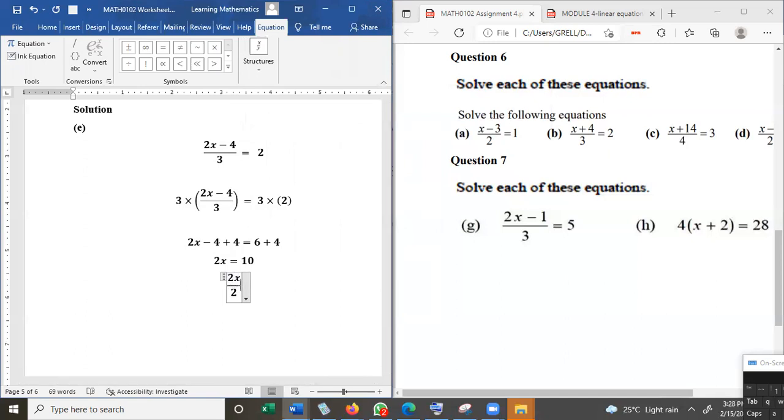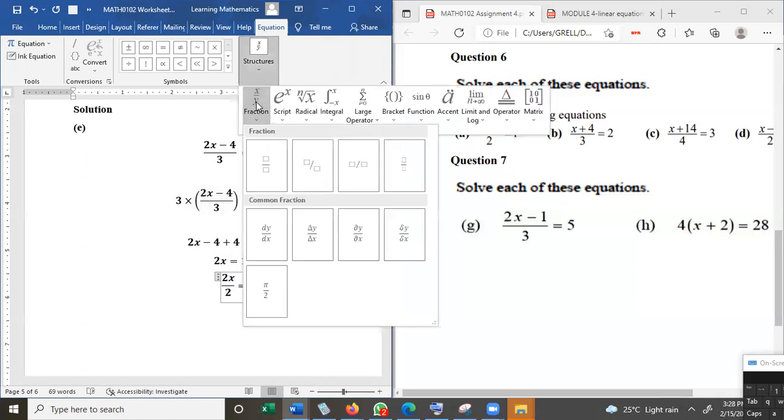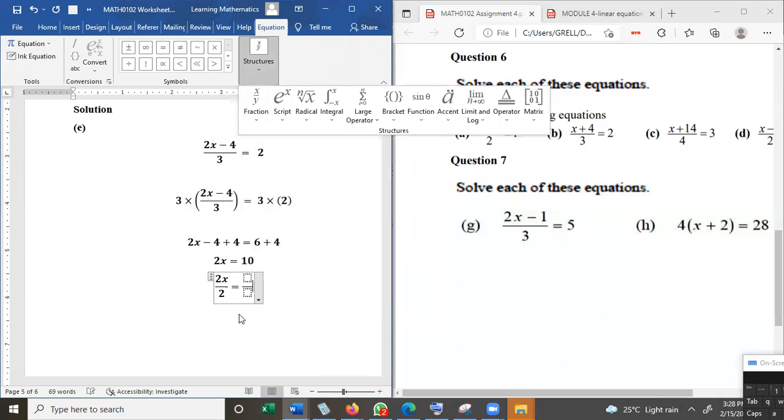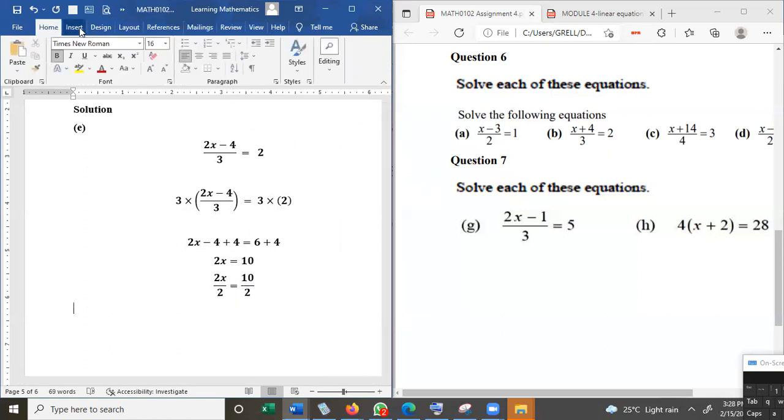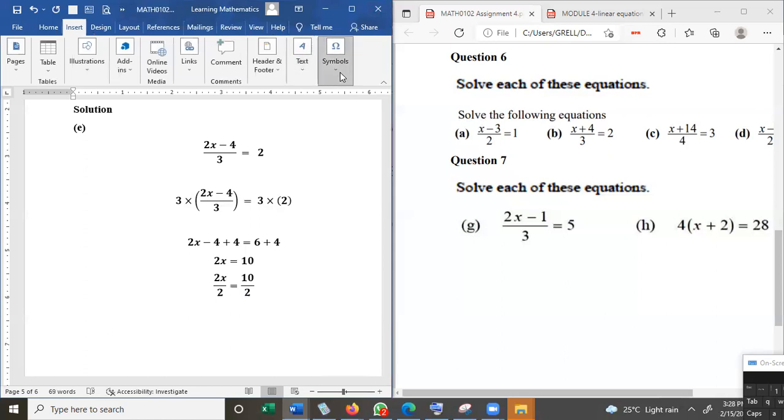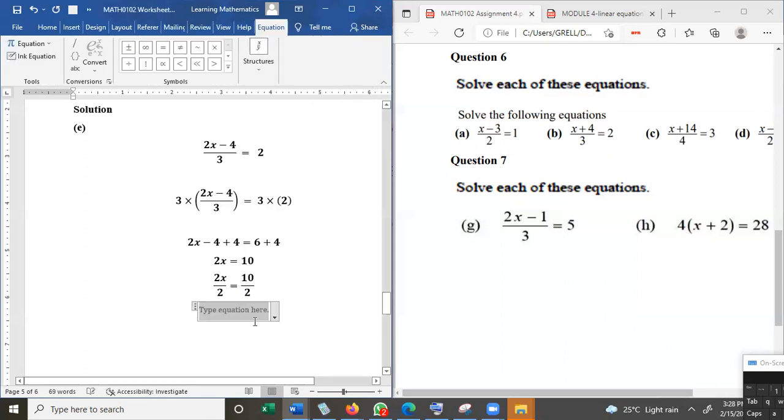If we divide on the left, we have to divide on the right. Divide by 2. 2 divided by 2 will give us 1. 1x is equal to 10 divided by 2, which is 5. So 1x is equal to 5.